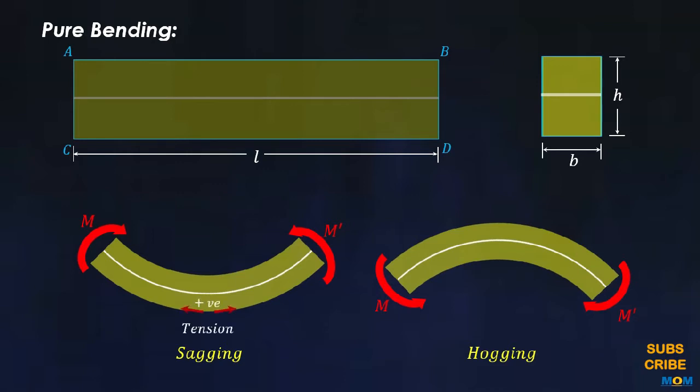Further, for the case of a sagging beam, tension is produced in the lower half of the beam due to stretching, and compression is produced in the upper half due to contraction. Similarly, for the case of a hogging beam, tension develops in the upper half of the beam and compression develops in the lower half.